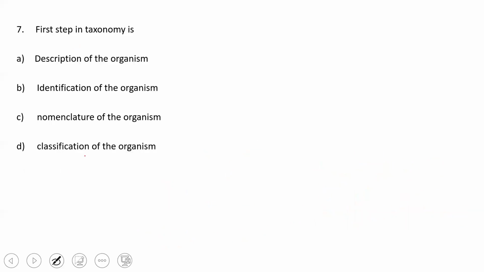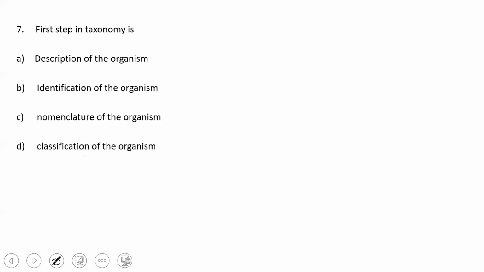Next question is, first step in taxonomy is what? Whether it is description of organism, identification of organism, nomenclature of organism, or classification of organism. We understood that there are 4 important processes in taxonomy, that is the characterization, the nomenclature, the identification, and lastly the classification.